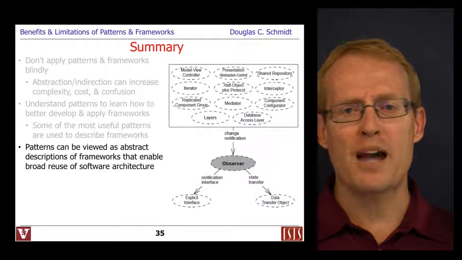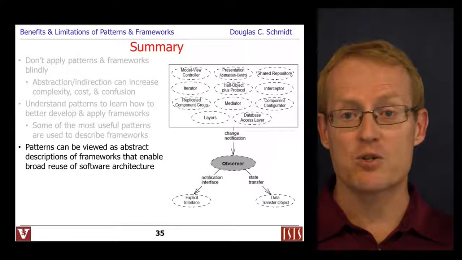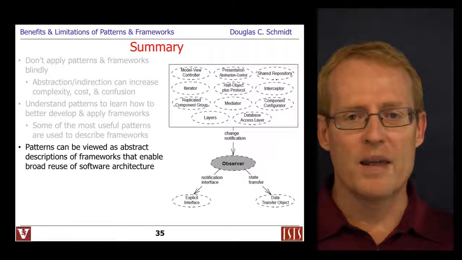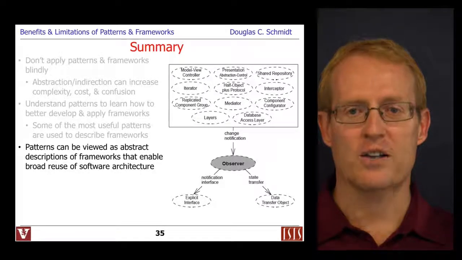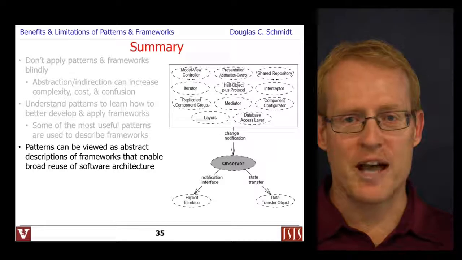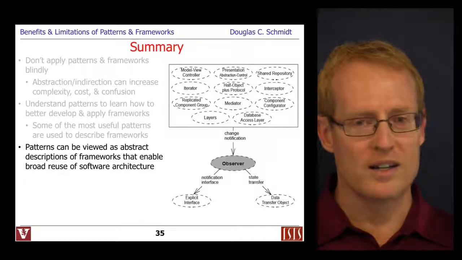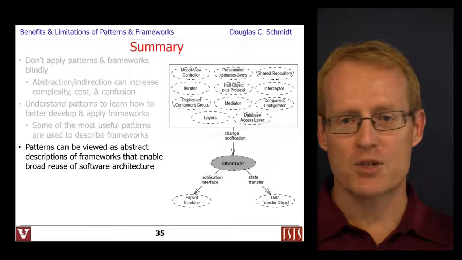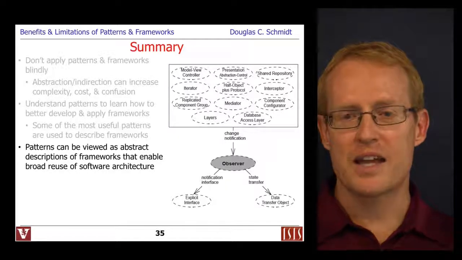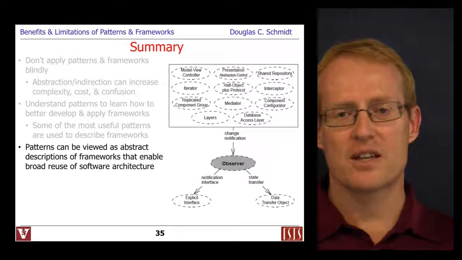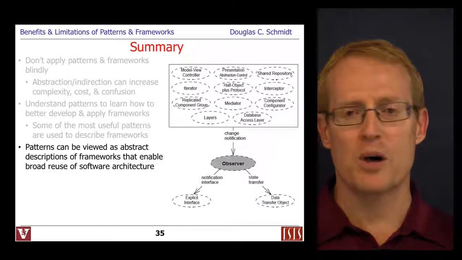You can also view patterns as essentially abstract descriptions of frameworks that enable broad reuse of software architecture. Architecture has a number of different definitions. One common one is it's basically describing the key components and their interactions, their structure, and the control flow between the components.